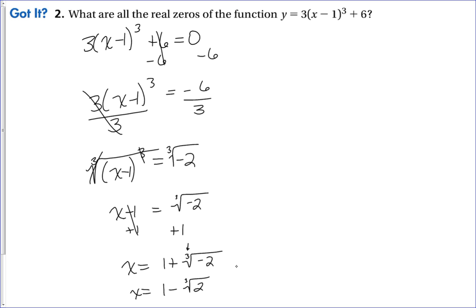Yes, they're both mathematically equivalent, but 1 minus the cubed root of 2 is the standard, more accepted way to write it. So please make sure when you're taking the cubed root of a negative number, you pull out the negative, so that you only have a positive number under the root sign.